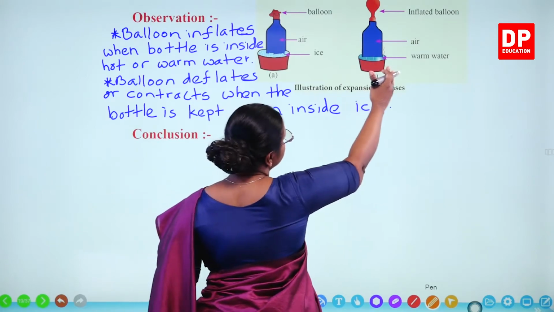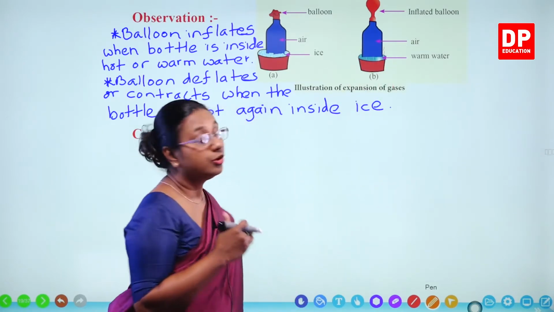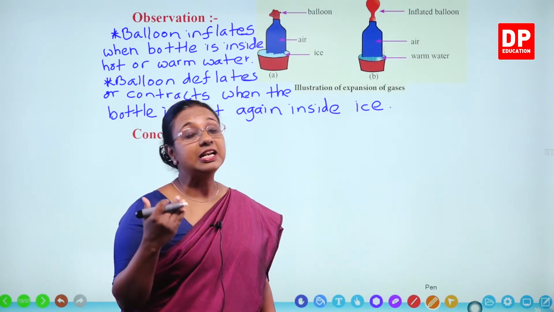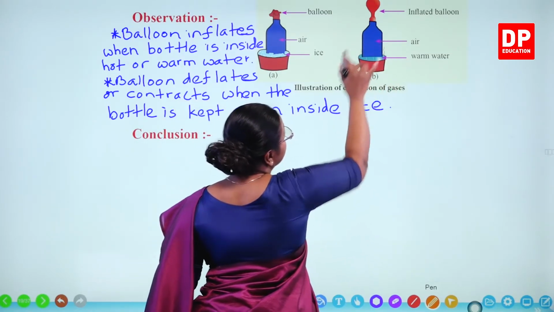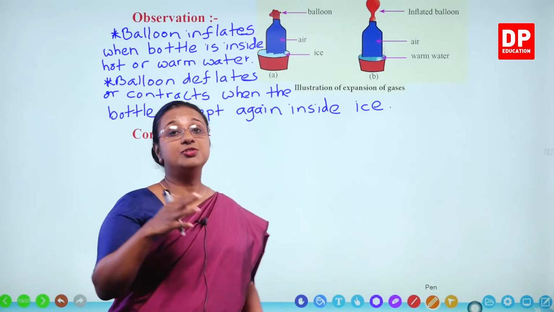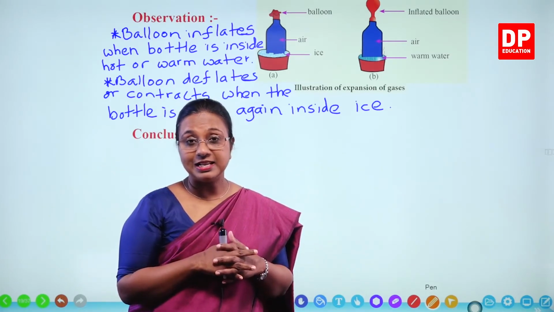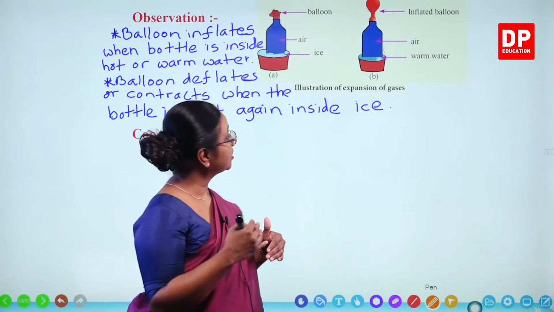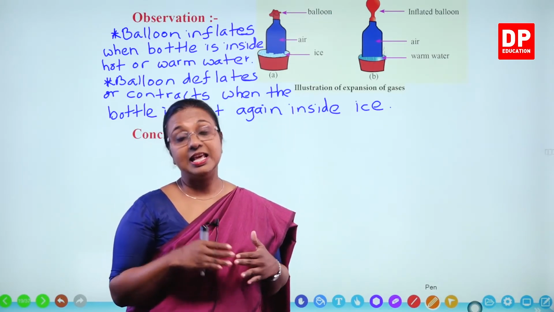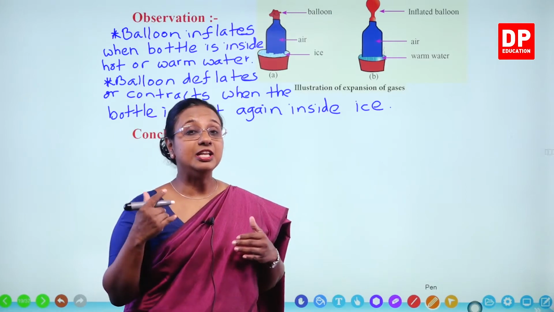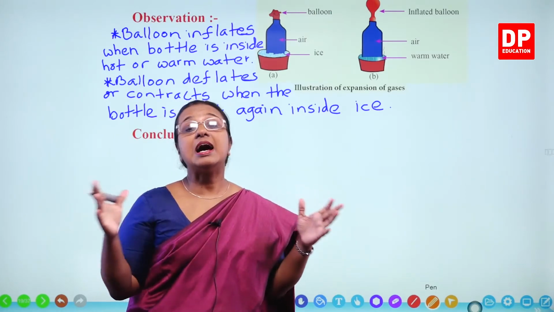And when you transfer the bottle into the vessel containing hot water, initially the heat is absorbed by the glass bottle. So there also the glass bottle will expand a little bit, but from the glass bottle, when heat is transferred to the air inside it, air becomes hot, and due to the heating up, air expands.